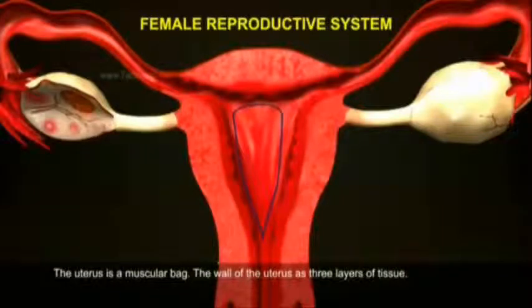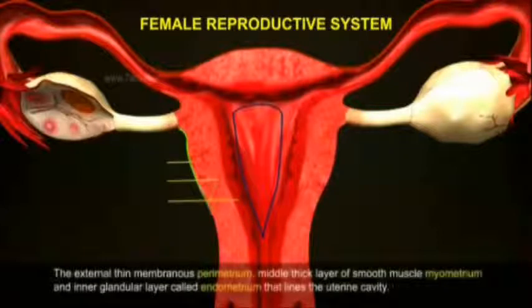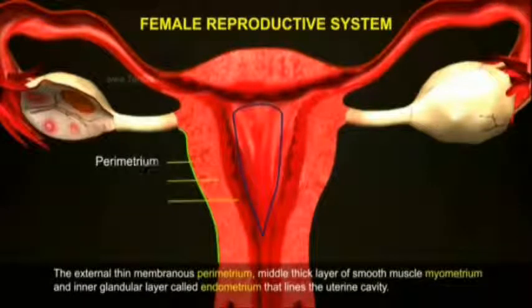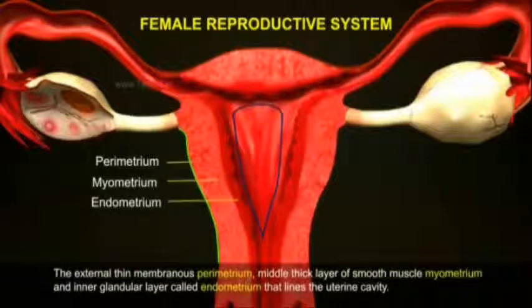The uterus is a muscular bag. The wall of the uterus has 3 layers of tissues: the thin membranous perimetrium, the middle thick layer of smooth muscle, myometrium, and the inner glandular layer called endometrium that lines the uterine cavity.